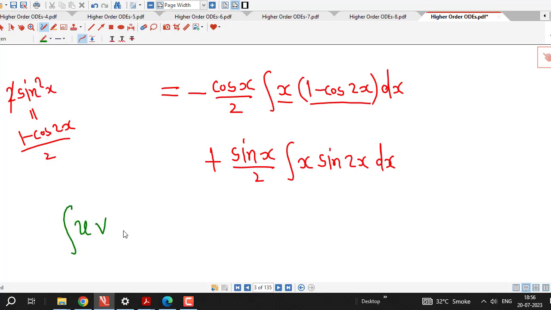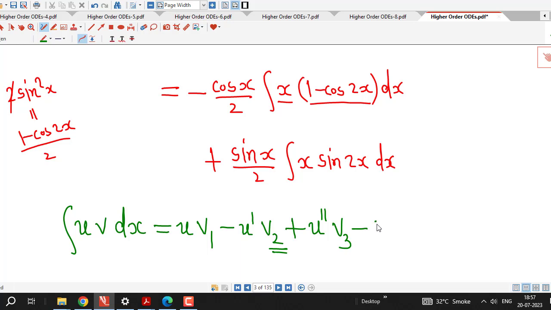If you recall, if we have two functions in the product, say u and v, then integration by parts is: u as it is, integral of v, that we will denote by v1, minus derivative of u denoted by u dash, integral of v1, that we denote by v2, then positive sign, derivative of u dash is u double dash, integral of v2 is denoted by v3, and alternately positive and negative sign.